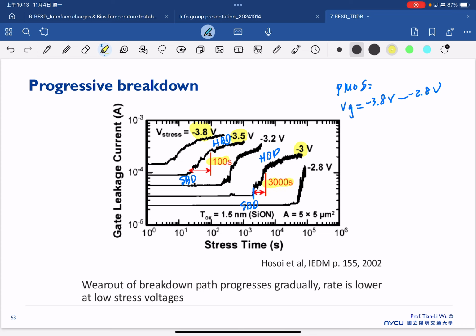So the wear out of a breakdown path progresses gradually, and the rate is usually lower at the lower stress voltage, but the rate becomes larger if we have a higher stress gate bias. But I think that's pretty easily understood if you already understand the previous concept related to the population model.